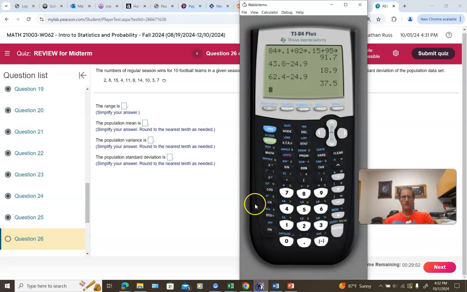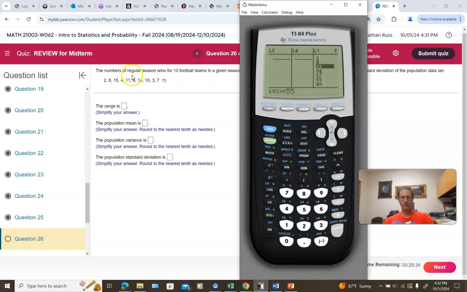Okay, let's just go ahead and plug these in. So let's come over here to Stat, and we're going to hit Enter for Edit. I'm going to put these in List 1, so just type in these numbers: 2, 8.